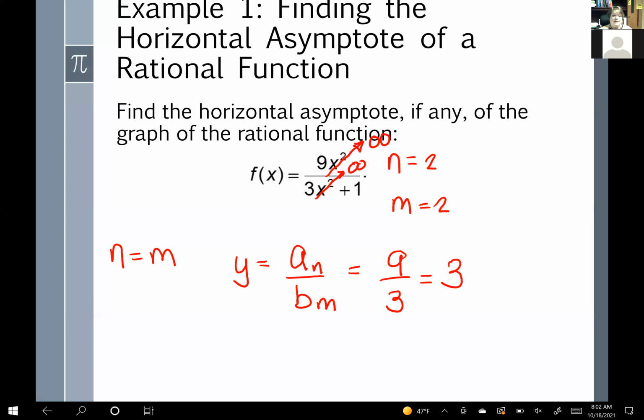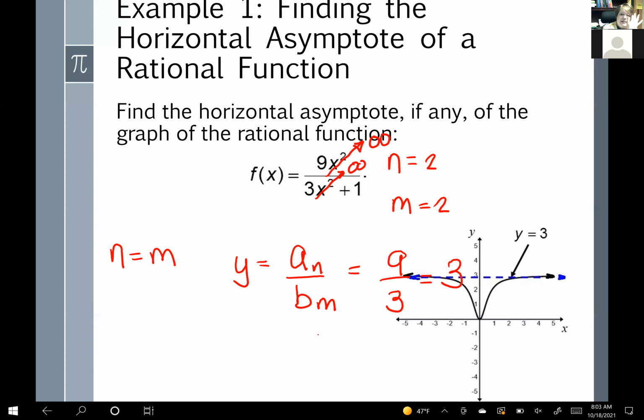So the value of this function approaches the value of 3 as x gets larger and larger and larger. Right, and there is the graph of this, and you can see that as x goes to infinity, the graph of this function approaches the line y equals 3.